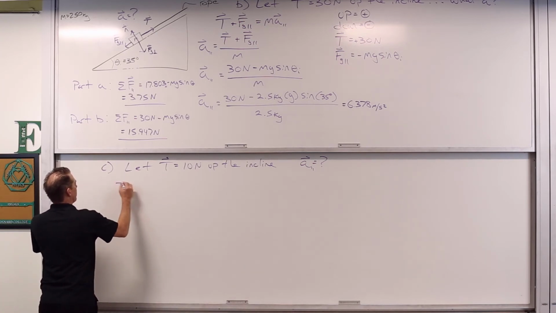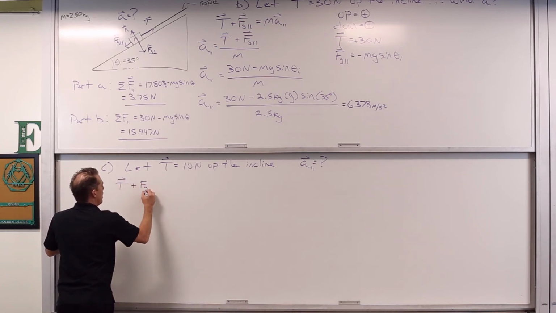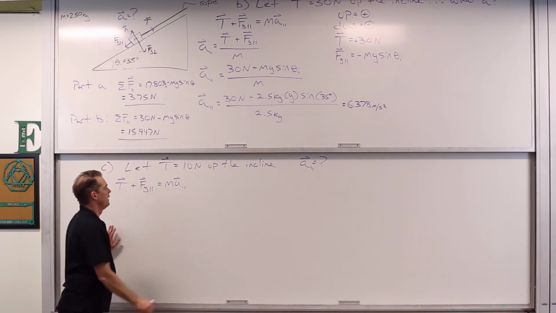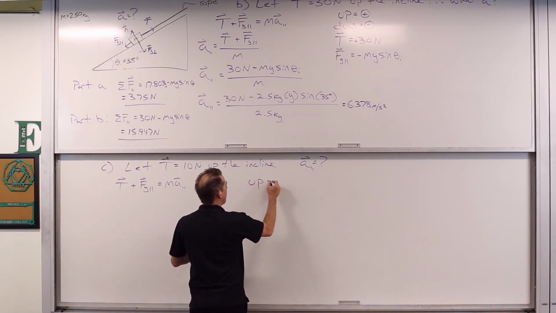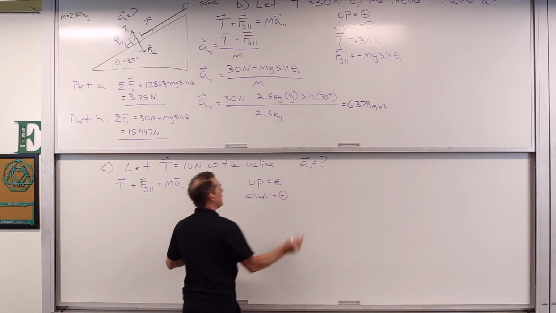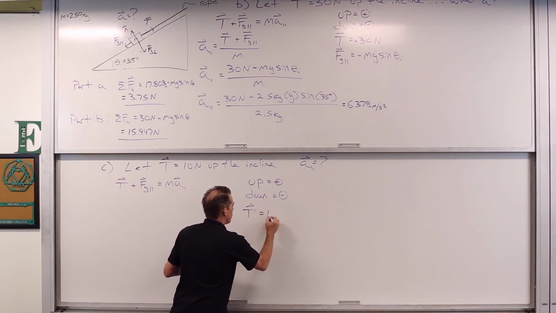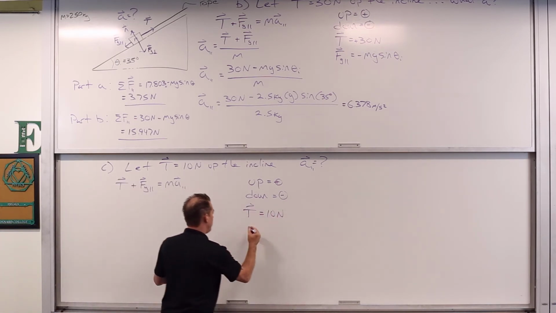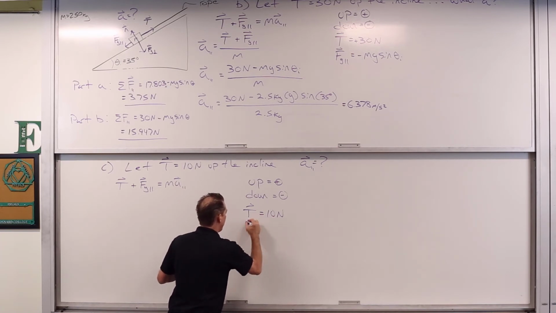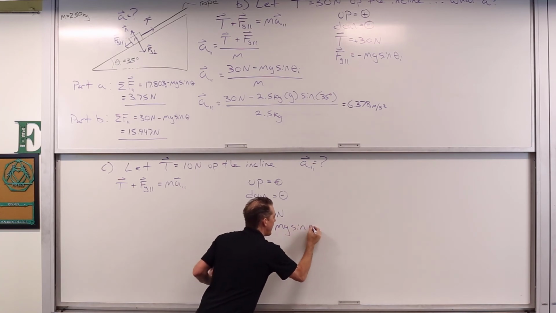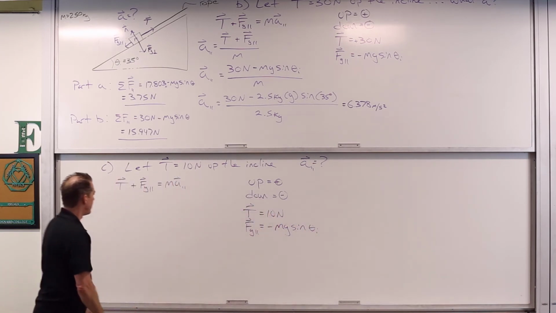Well, we've still got that T hat plus FG parallel hat is equal to m A parallel hat. Let us still stick with up is equal to plus, down is equal to minus for our directions, which gives us that T hat is equal to 10 newtons, positive, and FG parallel hat will be equal to negative mg times the sine of theta, negative because it's down.